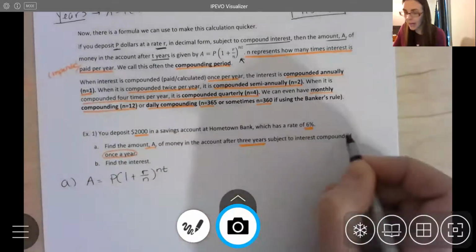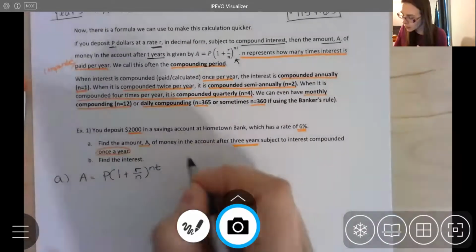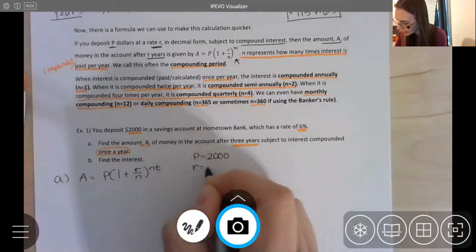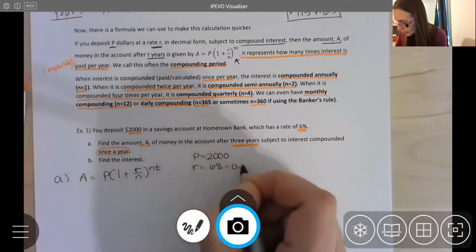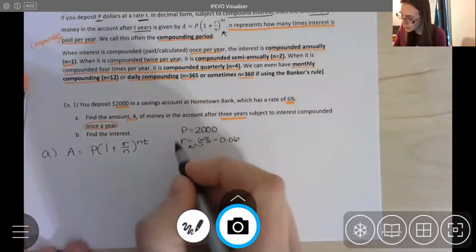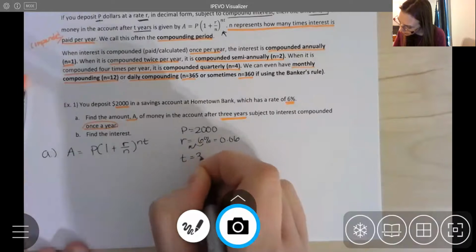So again, I see that we're compounding, so I know I'm doing compound interest. So my P here is 2,000. My rate is 6%, which is going to be 0.06, right? Moving that decimal spot 2 points left. I'm going to do this for 3 years. So my T is equal to 3.